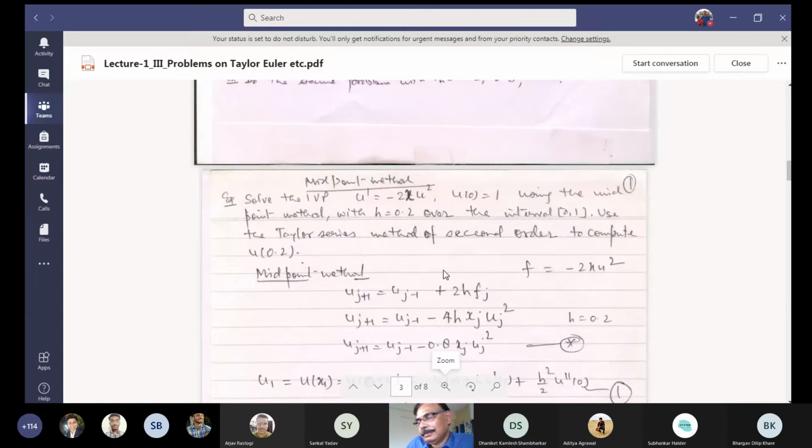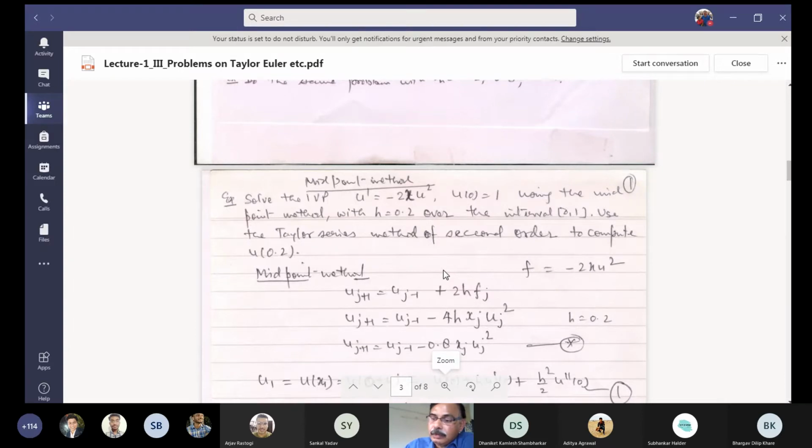Yes, sir. Okay, good. Now another thing comes in the picture. Suppose here how many subdivisions you have? At x5 you have got the value, means 5 subdivisions.